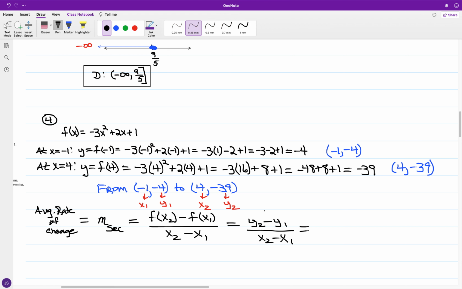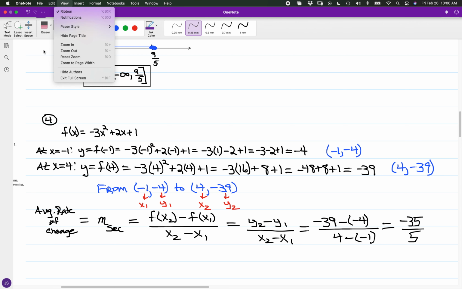So for y2 minus y1, we have -39 subtracting y1, which is -4. And for x2 minus x1, we have 4 minus -1. -39 minus -4 is like -39 plus 4, so we have -35. 4 minus -1 is going to be 5.